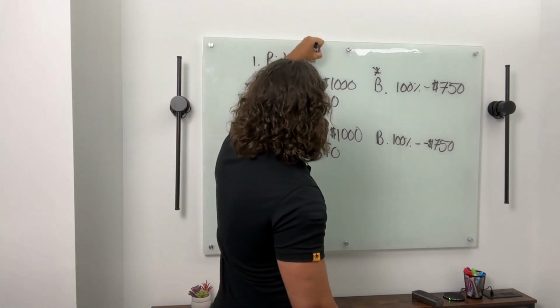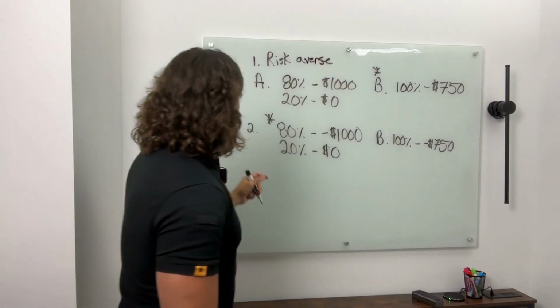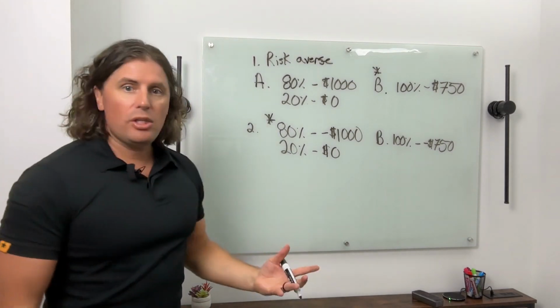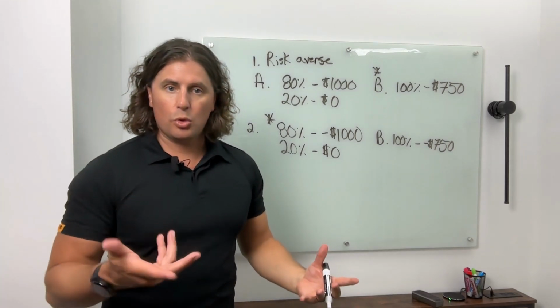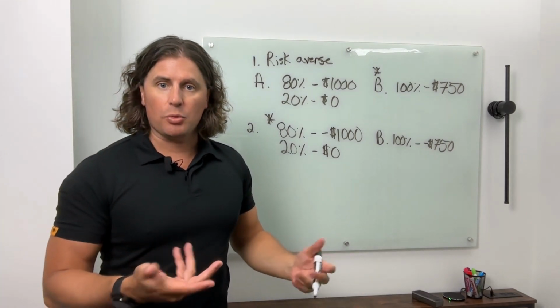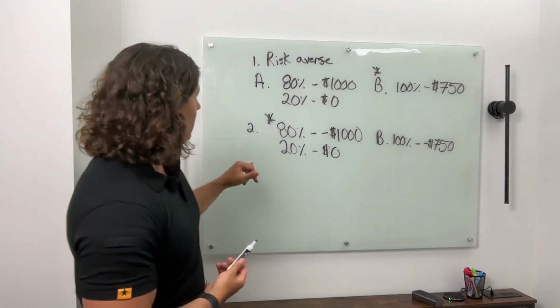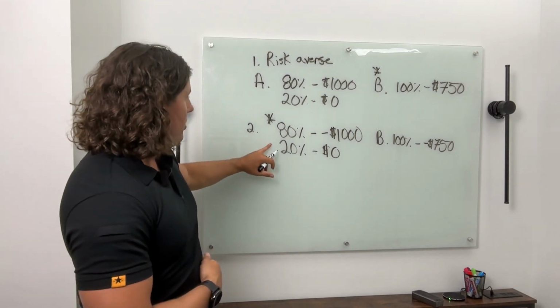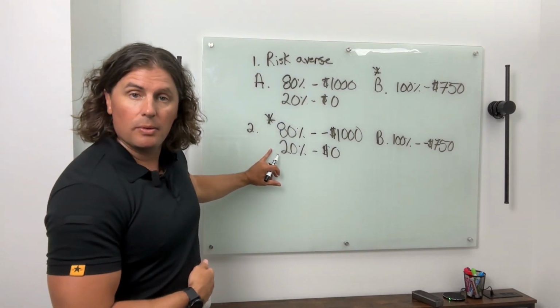But then in the second question, I totally switched on what my preferences were. Here, once again, I took the lower expected value.